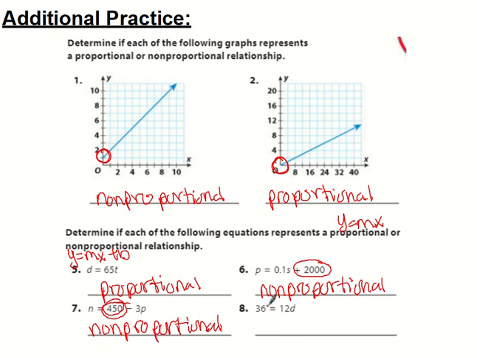I think there's a variable missing. We don't know what it's going to be. That's going to cause a problem. So we would also call this one non-proportional because we don't have our two variables. That one was a little bit of a trick question. So non-proportional, because it doesn't fit the term of proportional.